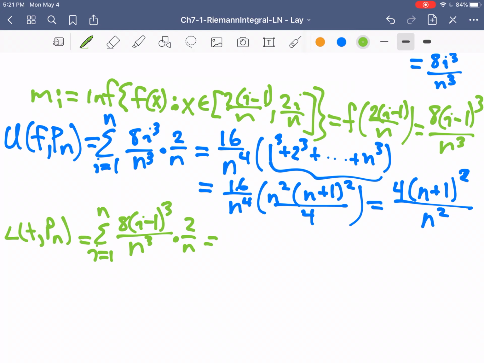So all of the lower function values times the width. And so again, we get 16 over n to the fourth. Now we're going to first start with 0 cubed, and then 1 cubed, and then 2 cubed. And we don't go all the way to n cubed, instead we stop at n minus 1 cubed.